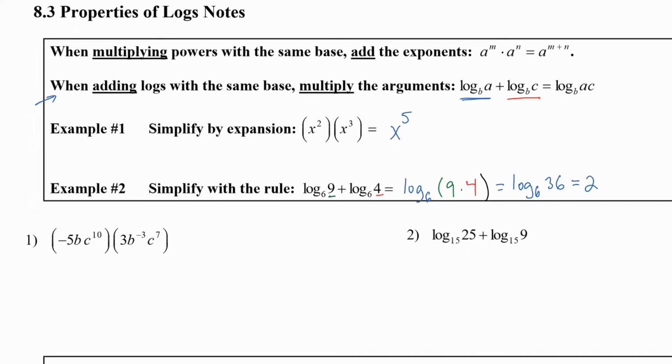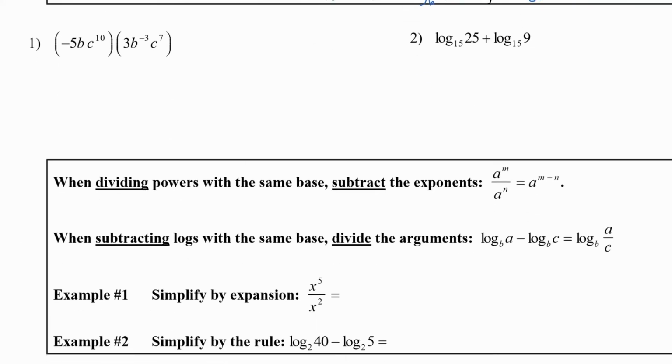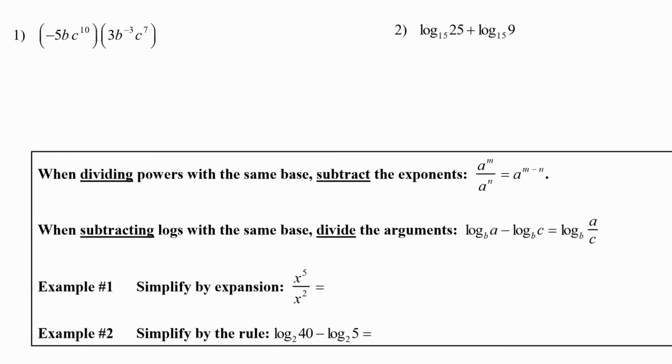All right, so let's look at a few examples. So again, some practice problems. Number one is just reviewing properties of powers. We've done that before. So we have the first one, negative 5 times 3 is negative 15. Those are just numbers. Okay, and then after that, we do have some powers. So we have b to the first, so there's a 1 there, times b to the negative 3.